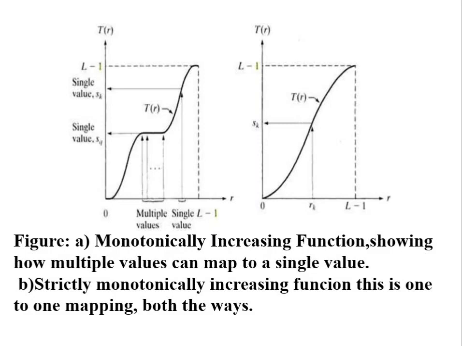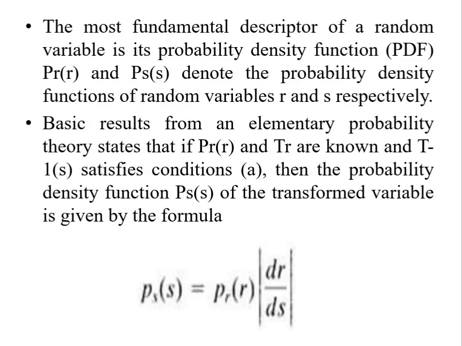A fundamental result from basic probability theory is that if PR of R and T of R are known, and T of R is continuous and differentiable over the range of values of interest, then the PDF of the transformed variable S can be obtained by the simple formula PS of S is equal to PR of R times the magnitude of dr upon ds.